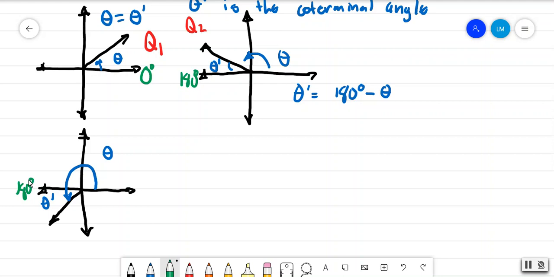So the way we can find theta prime is that we take theta and subtract 180 degrees, and that's equal to theta prime.